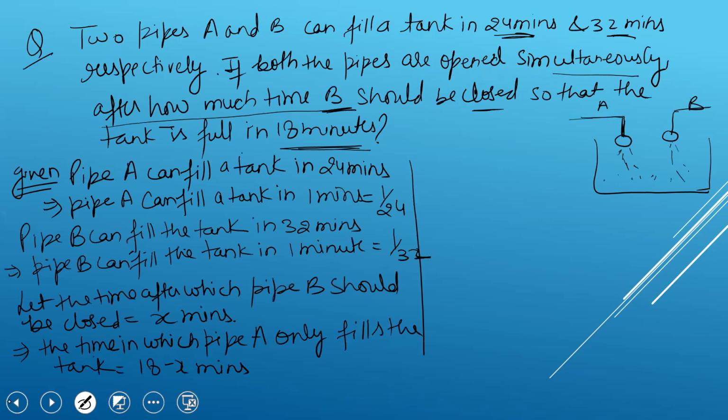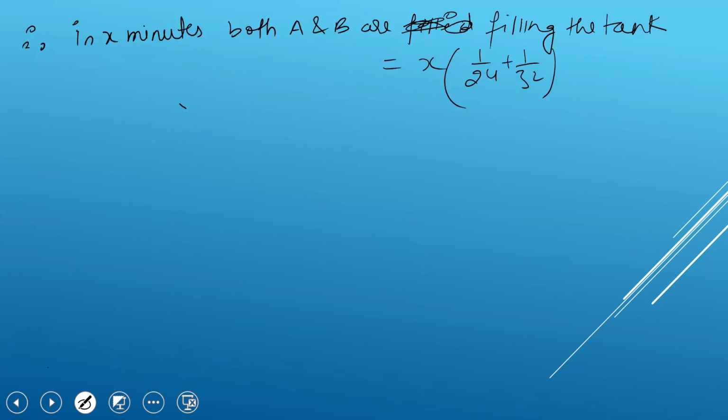If you read the question carefully, it says two pipes A and B can fill a tank in 24 and 32 minutes. Both pipes are open, then after how much time B should be closed? That means for X time, both pipes were working and filling the tank. So 1 by 24 plus 1 by 32 will be multiplied with X time. I hope it's clear to you all.